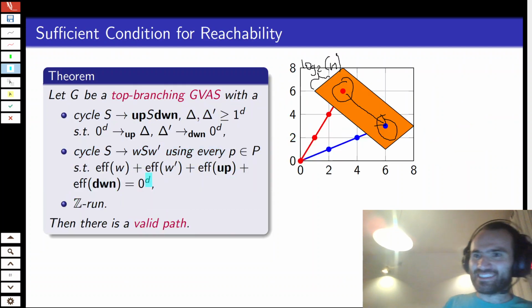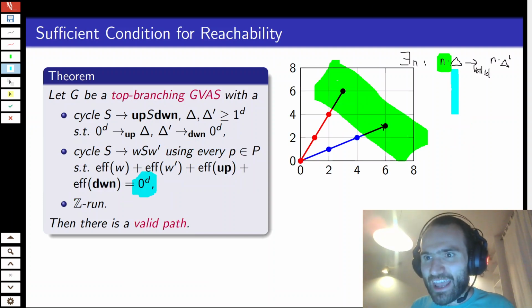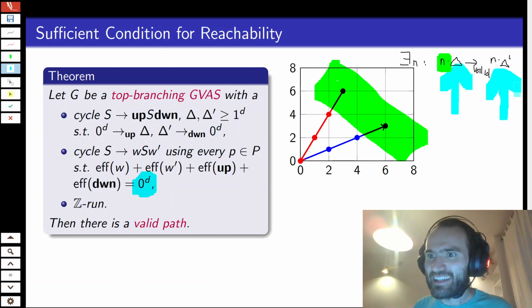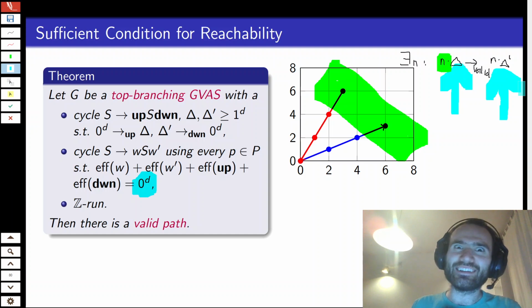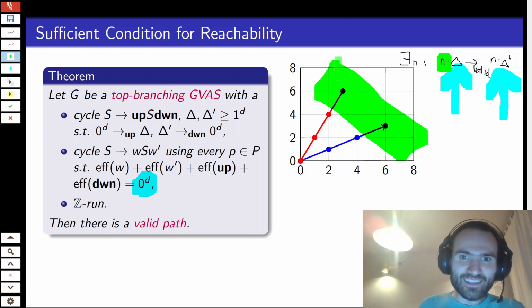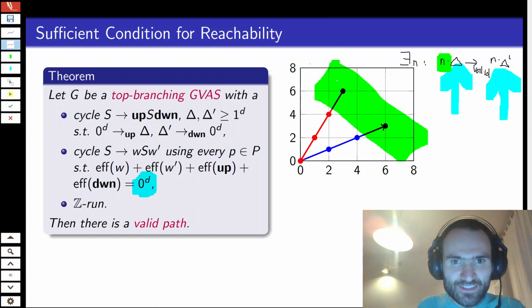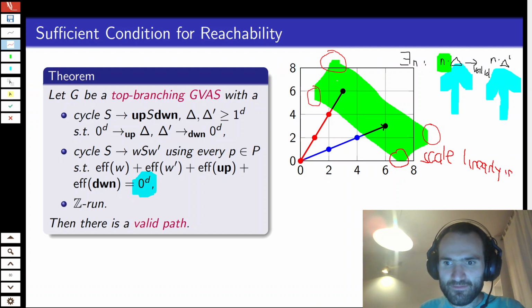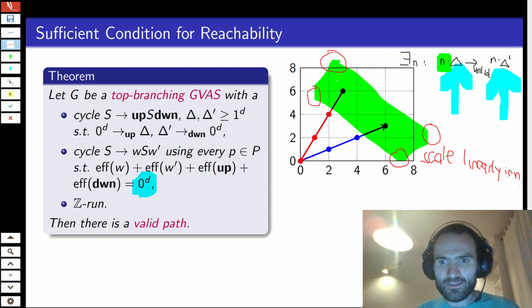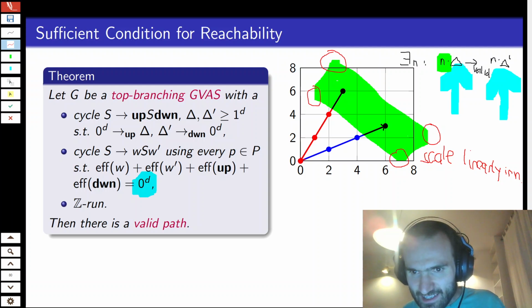But if you look at this situation, we start from n times delta and end at n times delta prime. So the source and the target are at least n on every single counter. Meaning the location, these anchor points for the rectangle, scale linearly in n.